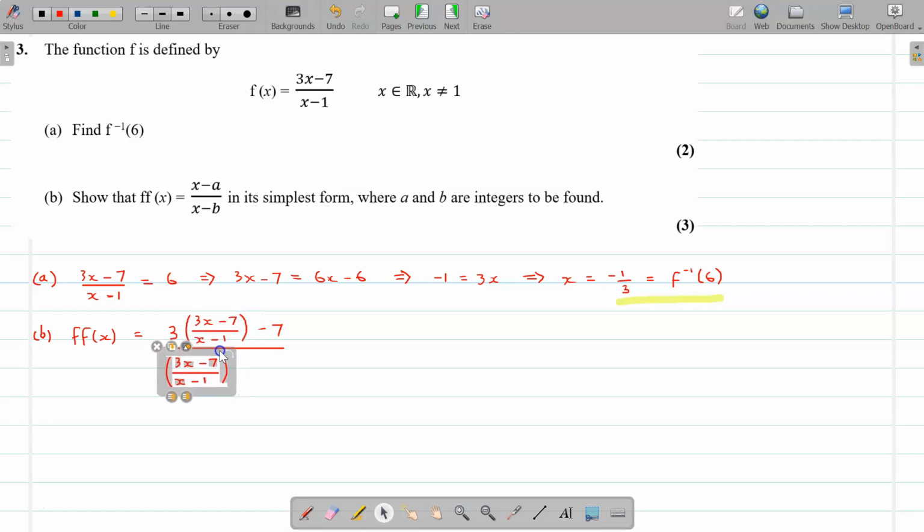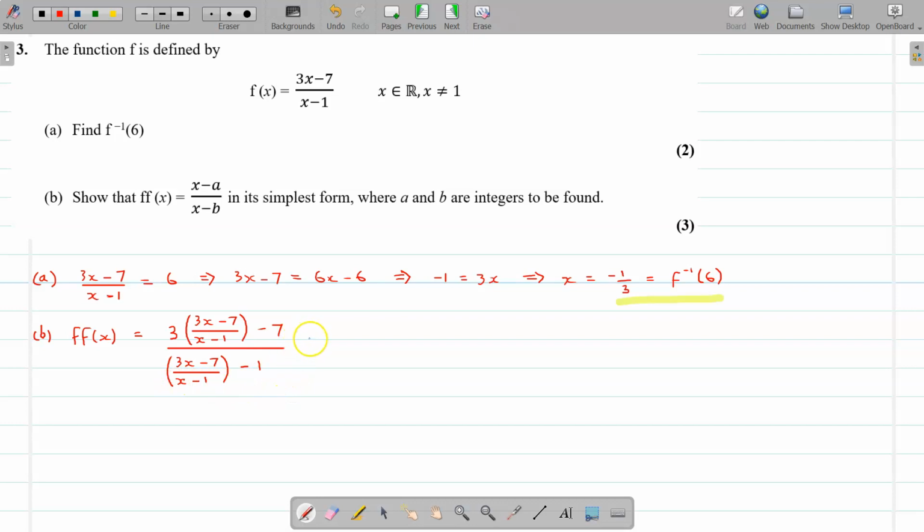That's replacing the x, and then from that you've got to take away another 1. Now the key thing to do here is to put a common denominator of x minus 1 throughout the numerator and throughout the denominator.